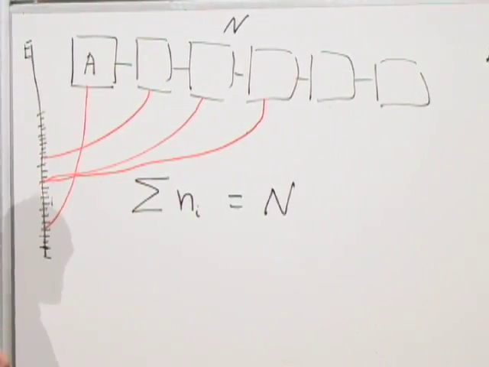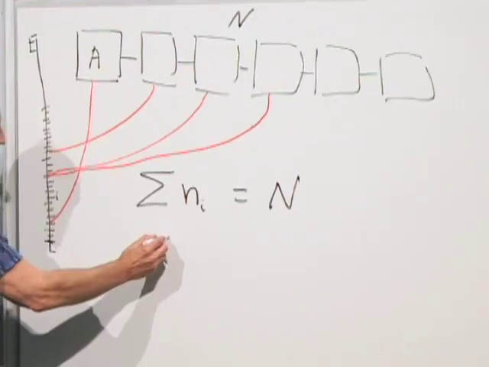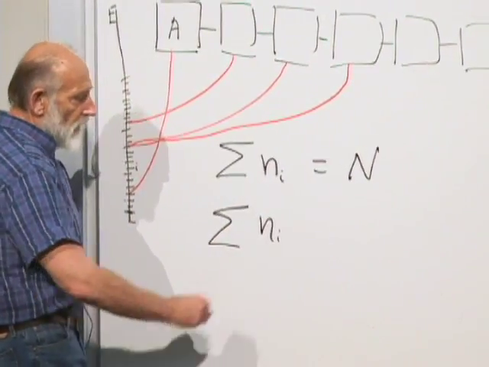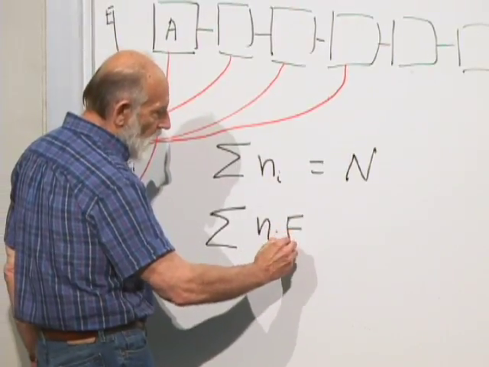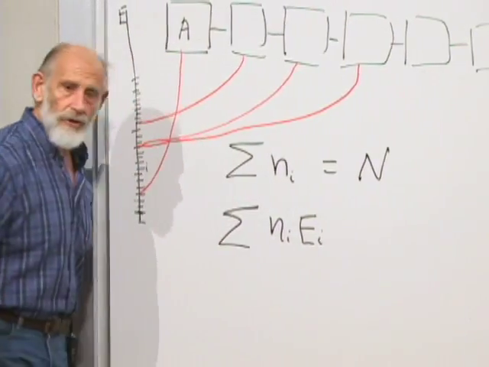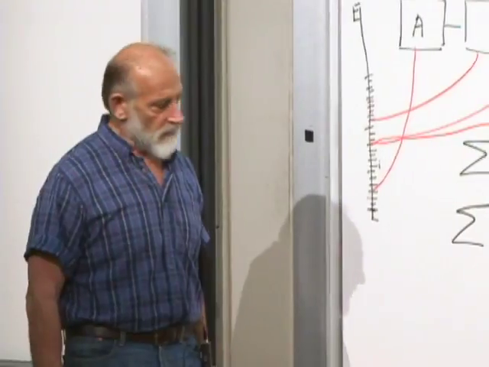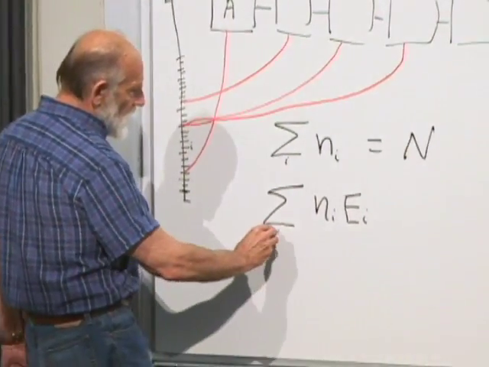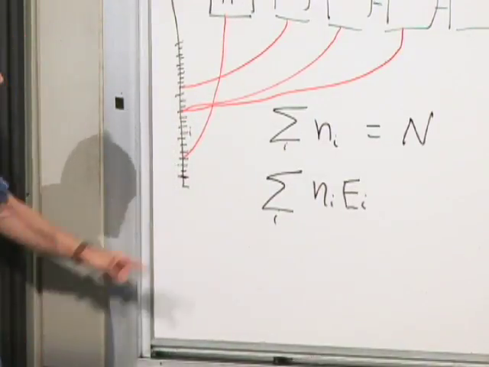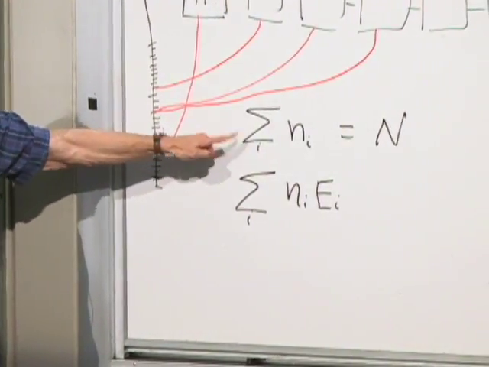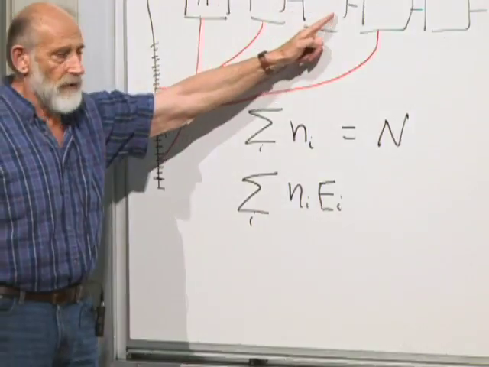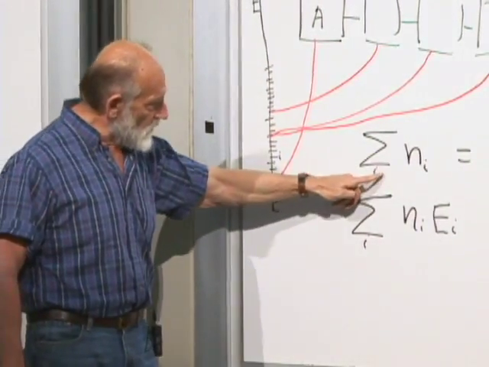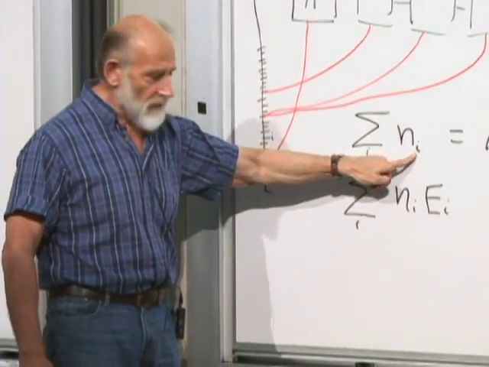First statement. Next statement. If we take the number of boxes in the state i times the energy of the ith state, that gives us the total energy. Sum over i. Let's be very clear now. This sum is not the sum over the boxes. It's the sum over the energy levels, the number of boxes in the state i.